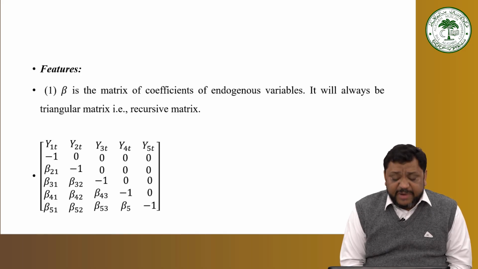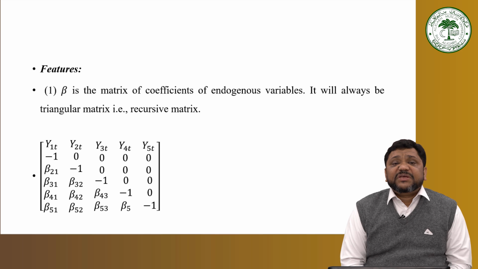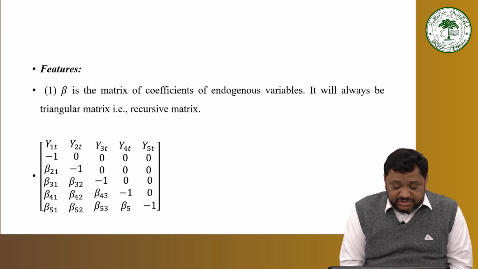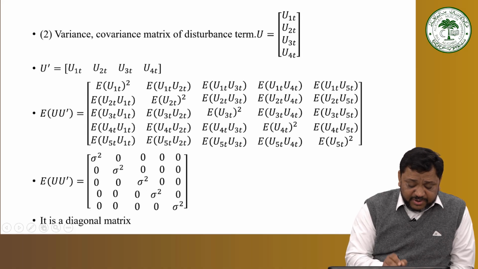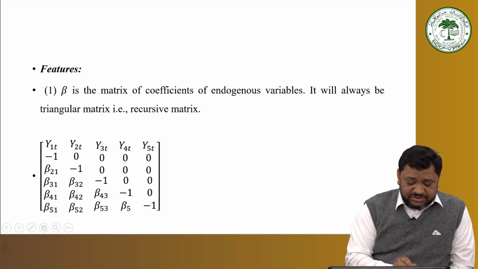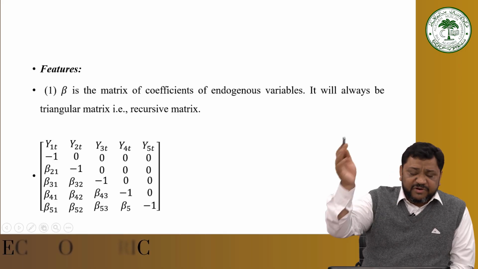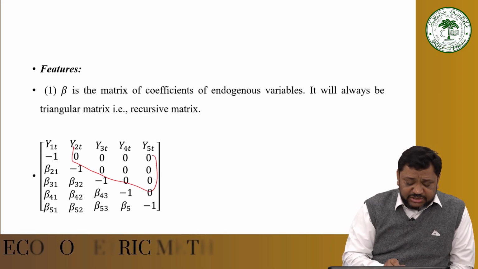Now here beta is a matrix of coefficients of the endogenous variables. It will always be a triangular matrix, that is, this recursive matrix. In the triangular matrix, the elements above the diagonal are all 0.